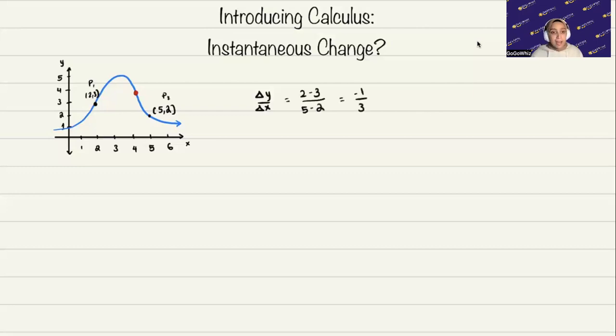So I would say that the average rate of change between those 2 points is indeed represented by this line with the slope of -1 over 3.